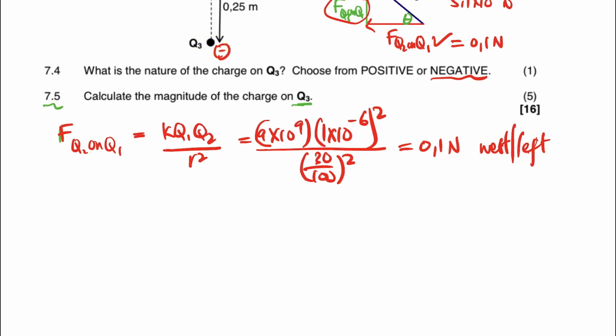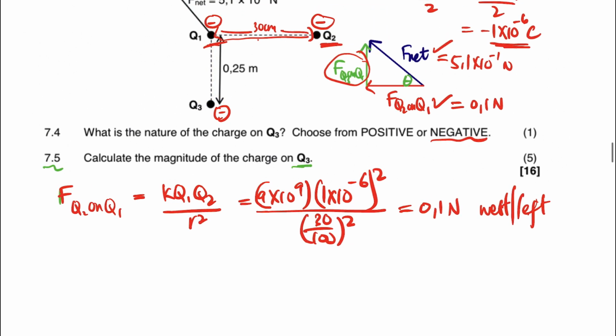So now I'll do the Pythagoras theorem, because I have this side and this side. I want this side, right? So I'll say F net squared is equal to F of Q3 on Q1 squared plus F of Q2 on Q1 squared.